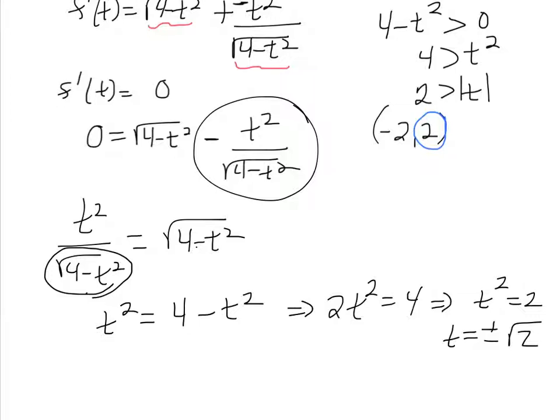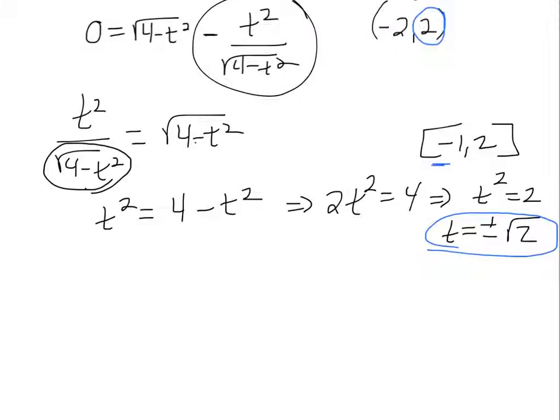All right, and again, now I ask myself, my interval was -1 to 2. Are both these t values in that interval? And the answer is no. Negative square root of 2 is outside of -1, 2. So the only one we have to concern ourselves with in this case is the positive square root of 2.